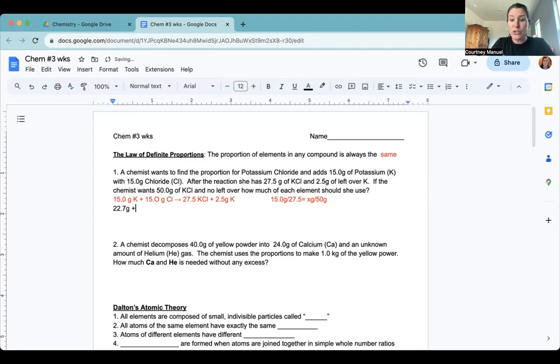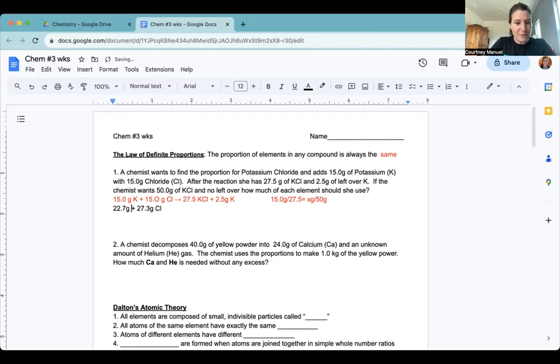And then you could do the same ratio for chloride. You could say, because we started with 15 and 2.5 were left, you could subtract them, which would give you 12.5 and create your ratio. Or if you know you need 50, you just subtract, you say 50 subtract 22.7, and that would give you 27.3 grams of chloride.